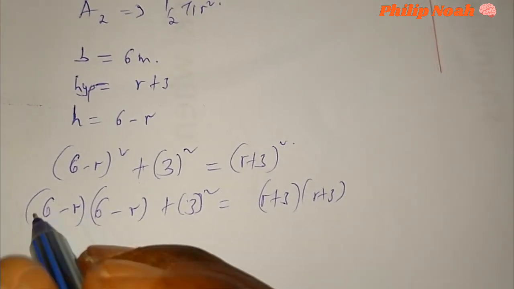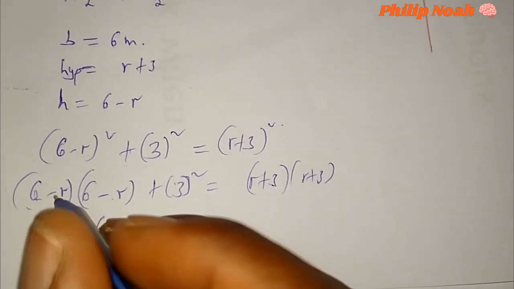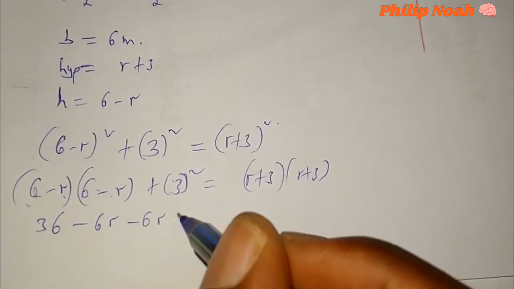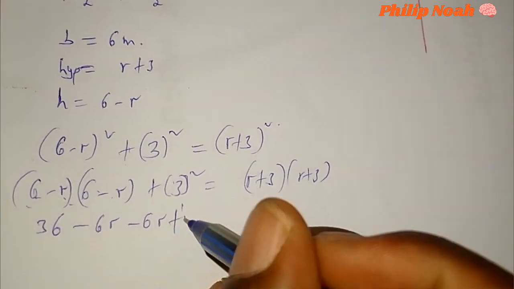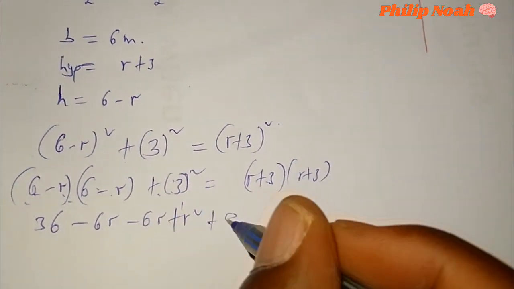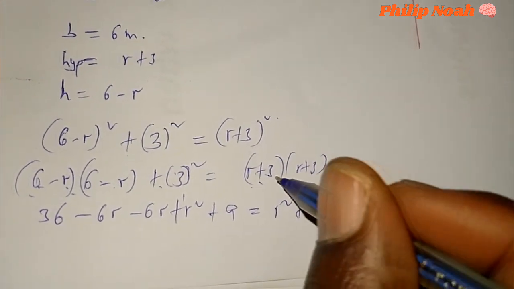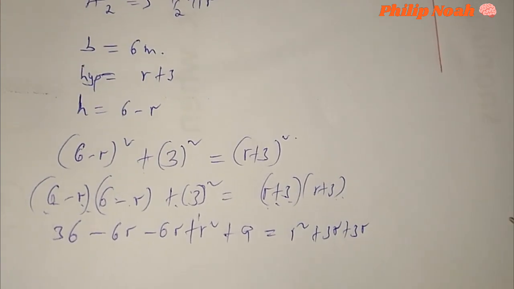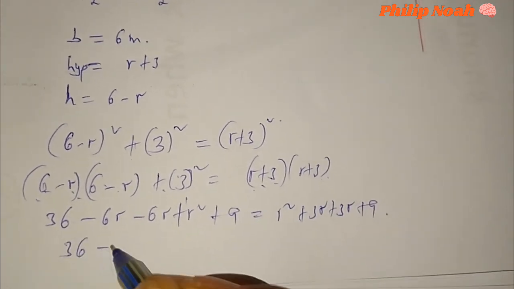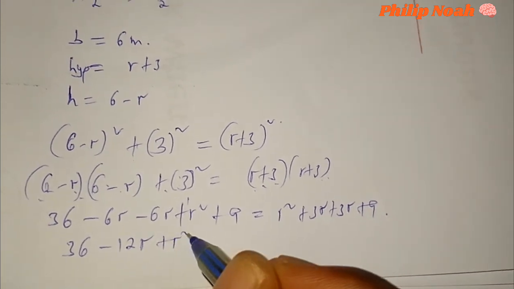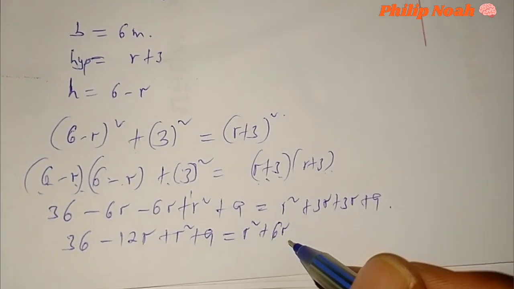So 6 times 6 is 36. 6 times r is negative 6r, negative 6r, plus r squared plus 9 is equal to r squared plus 3r plus 3r plus 9. Are we there? So you have 36 minus 12r plus r squared plus 9 is equal to r squared plus 6r plus 9.